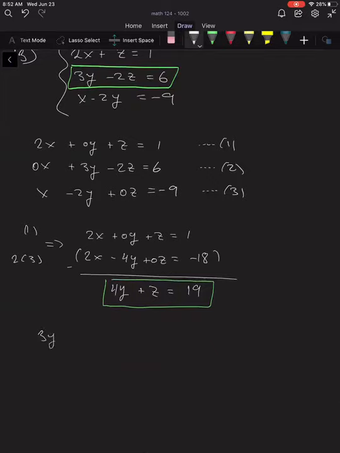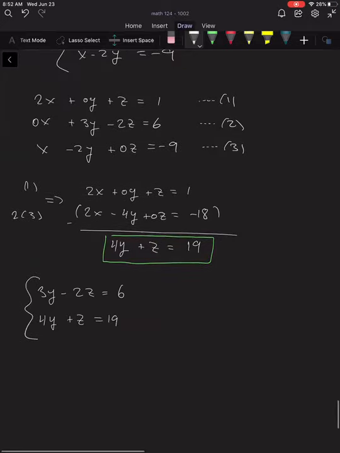So we have 3y minus 2z is equal to 6, and 4y plus z is equal to 19. So now let's solve this problem. This one's easy through substitution. For this bottom equation, we see that z is just equal to minus 4y plus 19, just from subtracting the 4y over. Then we can take this and plug it into the top one.